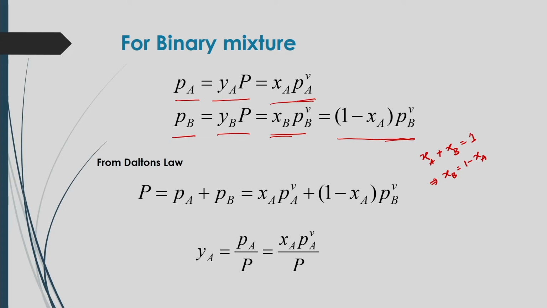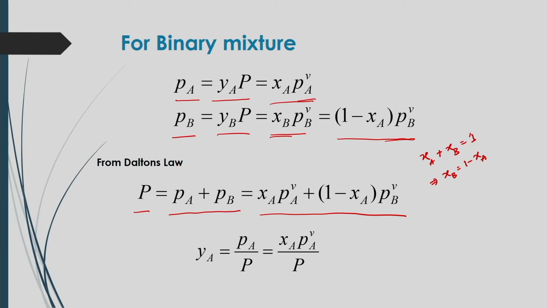Now, from Dalton's law that we discussed in our earlier lecture, the summation of partial pressures gives the total system pressure. So in this case the total pressure will be equal to the summation of the partial pressures of components A and B. We can substitute the values of Pa and Pb and write P equal to Xa into PAV plus 1 minus x into PBV.